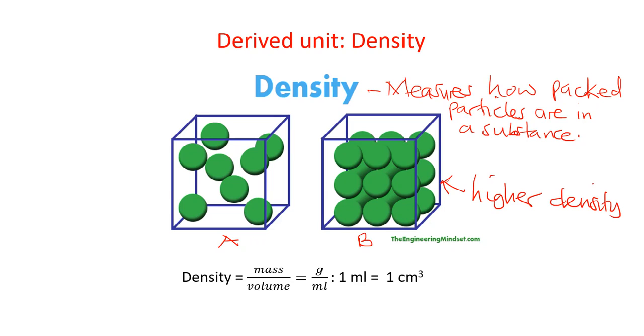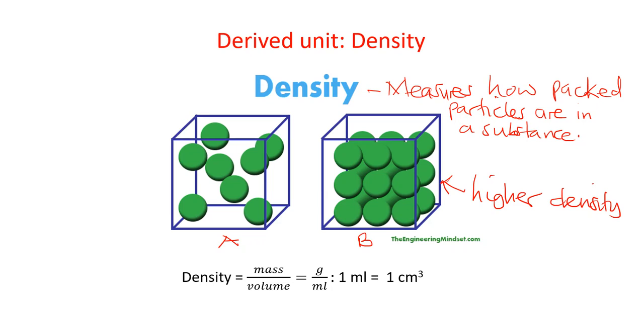And the density has a formula. The formula for density is mass divided by volume. So it just tells us that the more packed the material is, the higher mass it has per a specific volume. One thing we need to take note of is that density must always combine mass and volume.